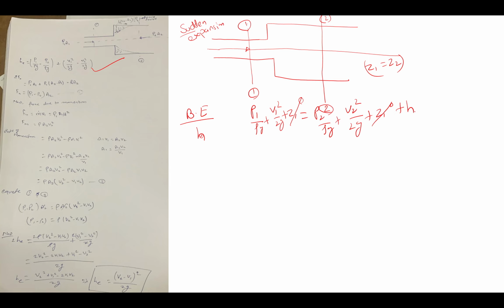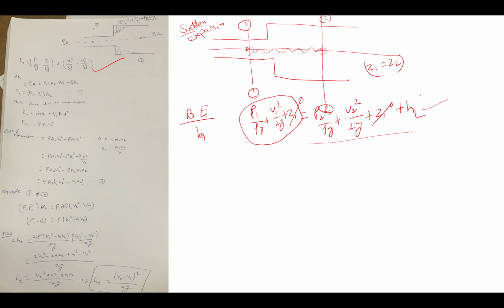And why are we adding the loss on this side? Because here is that much energy, and you know already that energy can neither be created nor destroyed. So some losses are there as your fluid travels from this location to this location, and the remaining energy gives the total energy at that point.